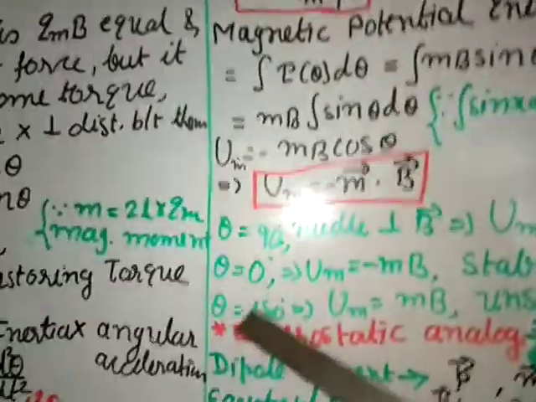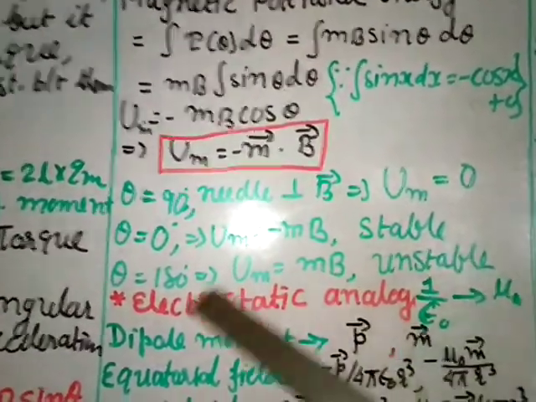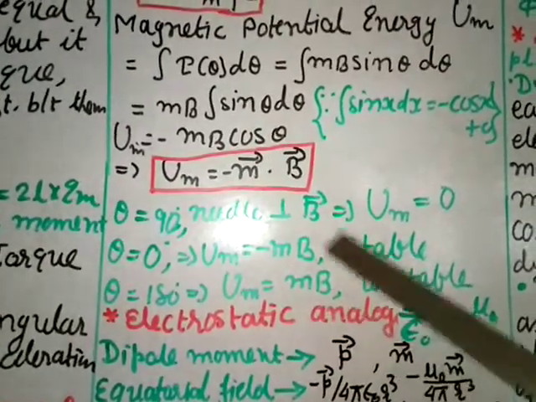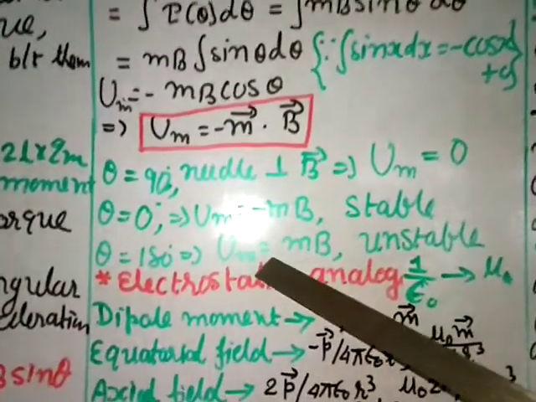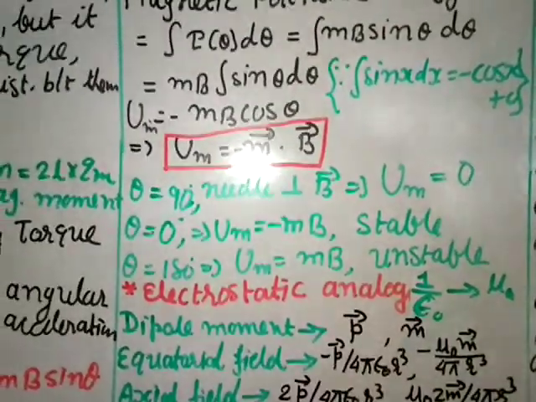So when theta is equal to 0, potential energy is minus mB, which is stable, and when theta is 180, anti-parallel, it is equal to mB, because cos 180 is minus 1, so the minus will cancel, and it is unstable. So mB is the maximum value and minus mB is the minimum value.